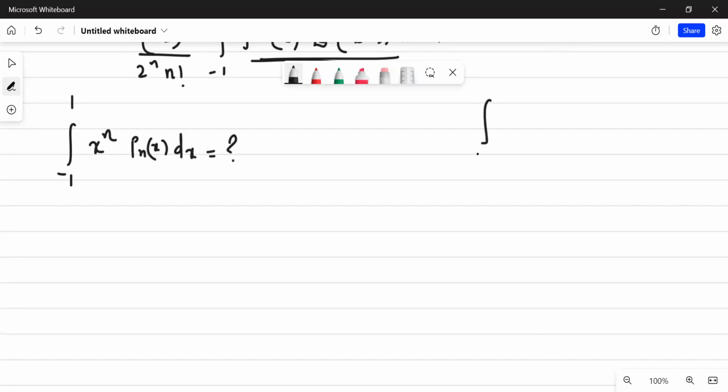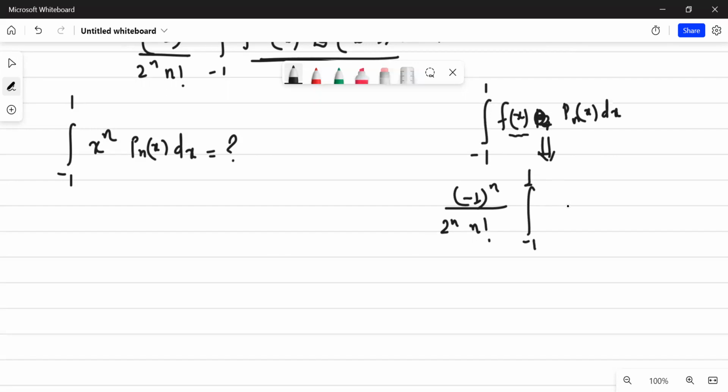So we already know, if I find the integration of f(x) Pn(x) dx, and if my function f(x) is n times differentiable, then this entire thing is equivalent to writing (-1)^n upon 2^n n factorial. We did something like this a little while ago.